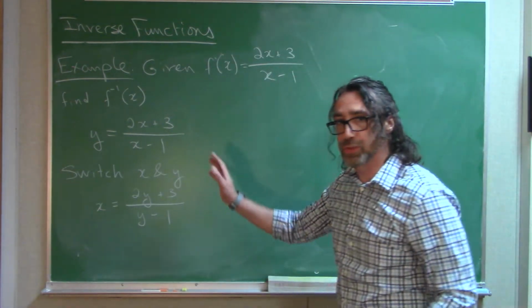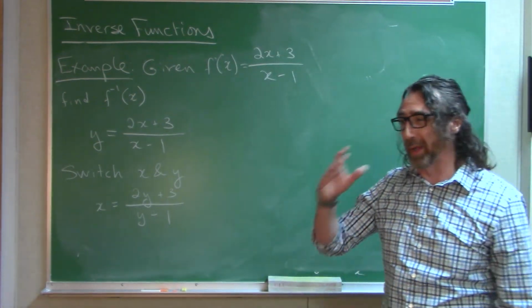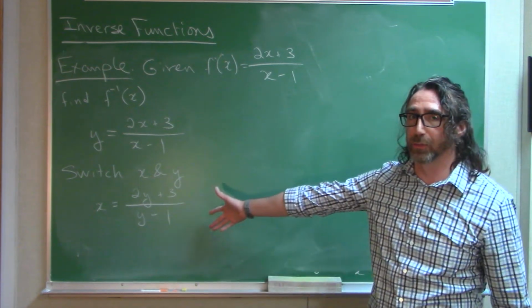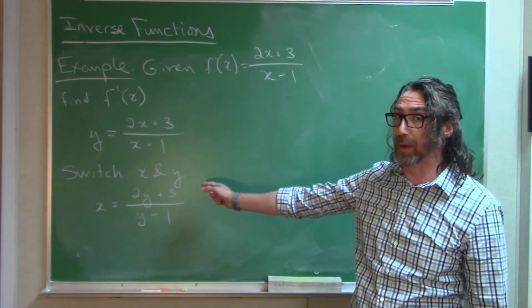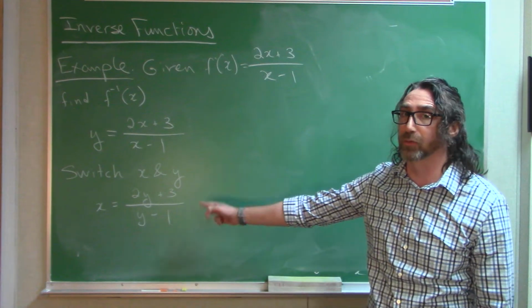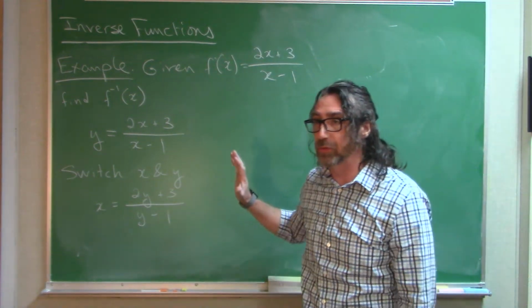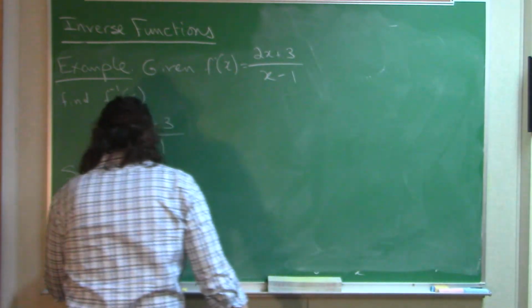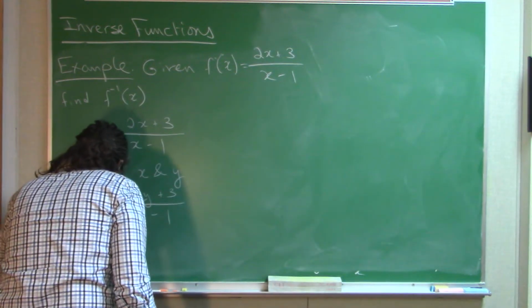And now we're going to solve for y. I want y by itself on one side. Now you'll remember from the last example how to deal with an equation that has fractions. When you're solving an equation that has fractions, clear out the denominators. Multiply both sides by y minus 1.